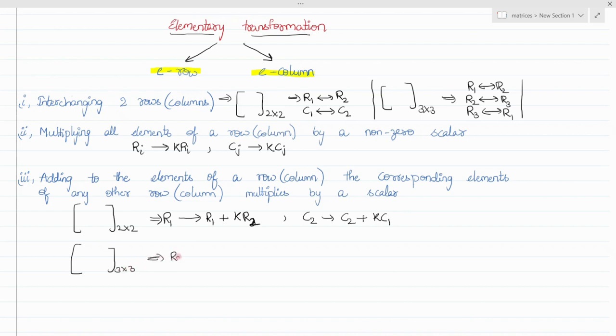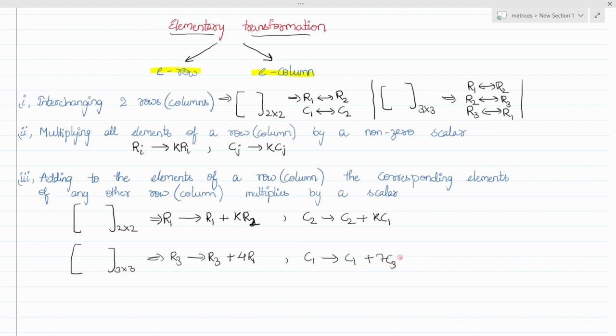Like row 3 can be changed as row 3 plus, or minus also we can do it. Plus, and it's any scalar like 4, a scalar quantity multiplied with its corresponding elements of the first row. Similarly, for columns we can write column 1 can be changed as column 1 plus 7 into column 3.